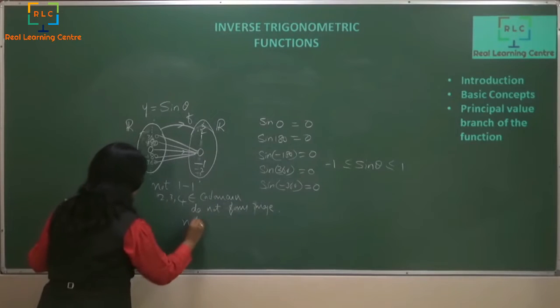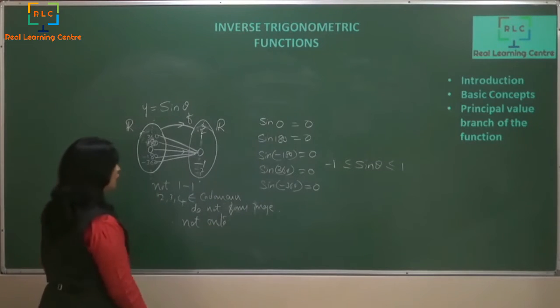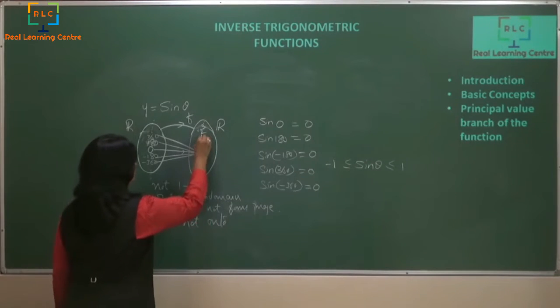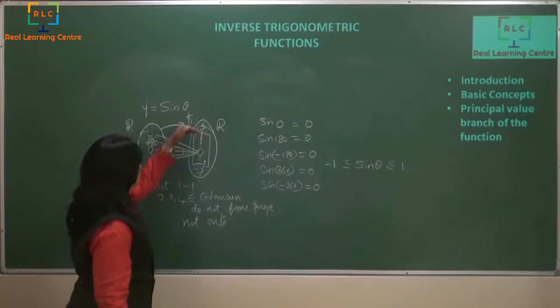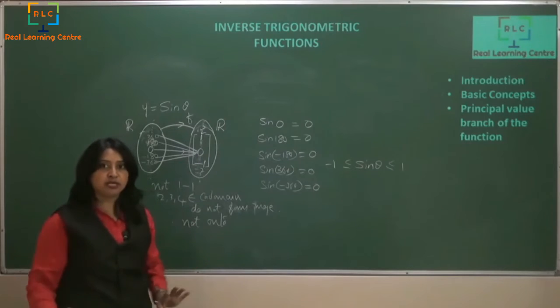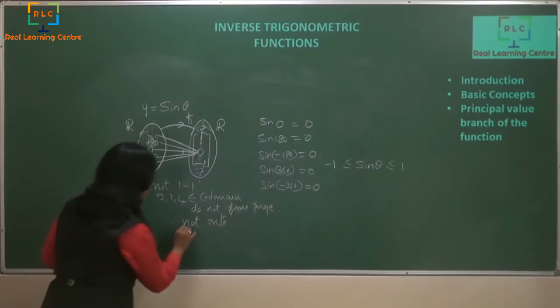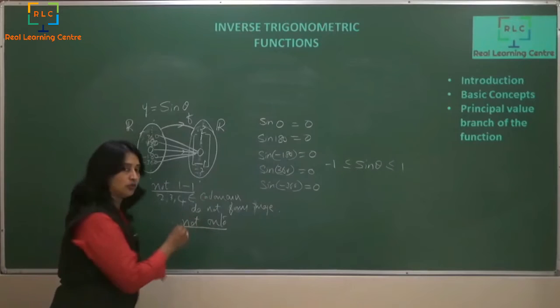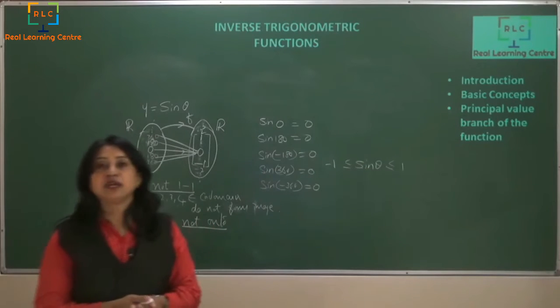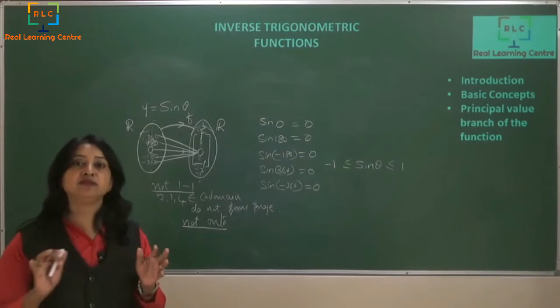Therefore, it is not onto also. All the numbers other than minus 1 to plus 1, the rest of all numbers in the codomain are free without being an image. Therefore, it is not onto. It is not one-one, it is not onto. How can it have its inverse? It cannot have its inverse.